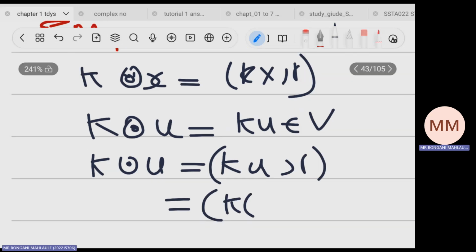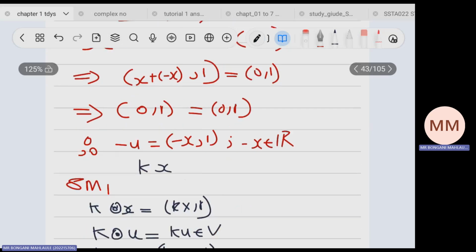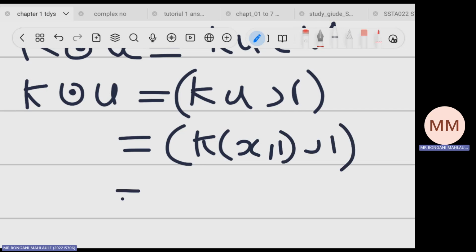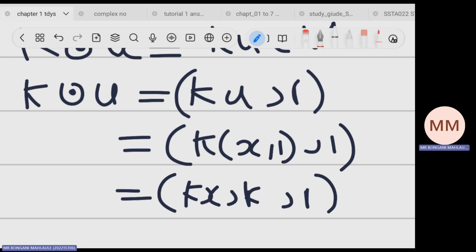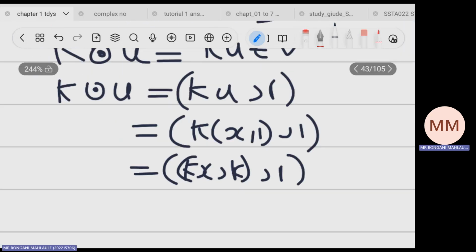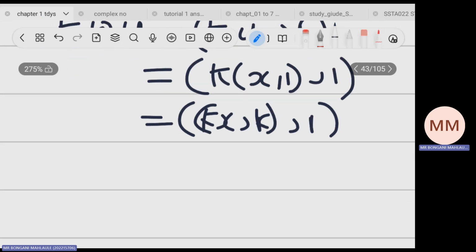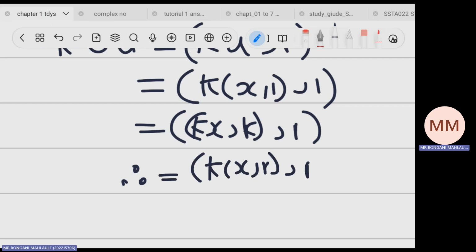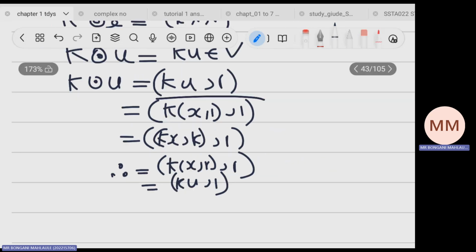And we already know what u is. So our u is x and 1. So you'll have x and 1 here. And this will be kx, k, 1. So our 1 is still fixed. So we don't have a problem there. So we can say, therefore, and we can see that if I take out a k here, I'll be left with x and 1, and 1. And this is just k, u, and 1. So I'll just go back there.